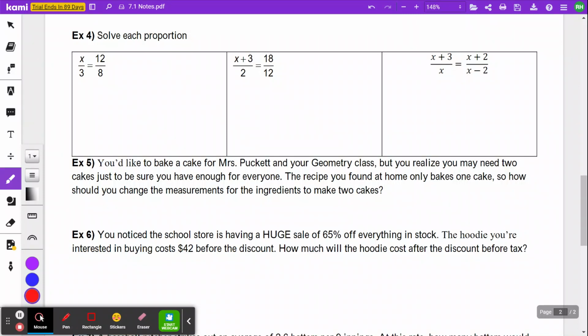Now, hopefully you remember how to do these. It's been a long time, probably maybe even 6th or 7th grade. But these can be solved by cross multiplying. You're going to cross multiply, and then we're going to solve the equation. So, first one, if I take x times 8, I get 8x.